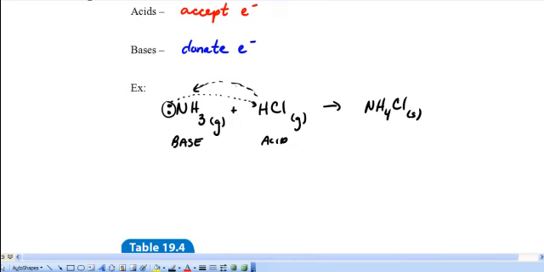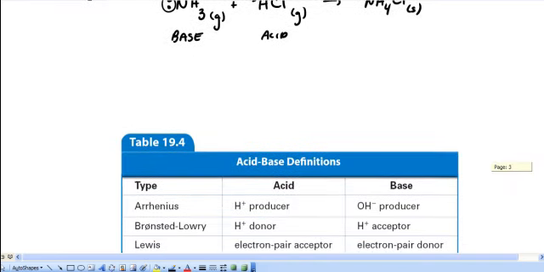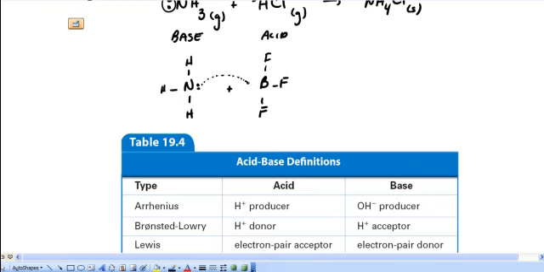All right. Here's another example that does not necessarily deal with the transfer of hydrogen. If you deal with ammonia that has a lone pair, and a compound called boron trifluoride, looks like that. What's going to happen when you add these two compounds? This is going to donate the electrons to this molecule, and it's going to form a bond.